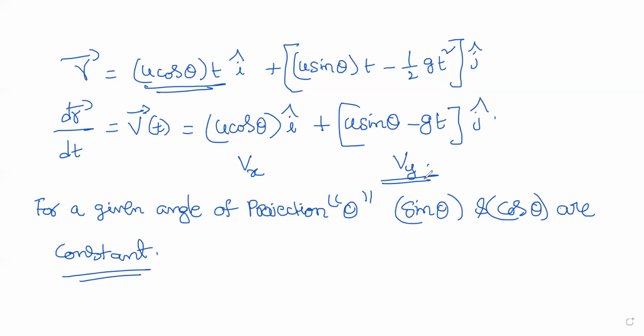Now, the first funda we have to see here is that the u cos theta part is a constant and does not depend upon time. So the horizontal component of velocity throughout the projectile motion is not going to change. You can observe that Vx is equal to u cos theta, a constant.